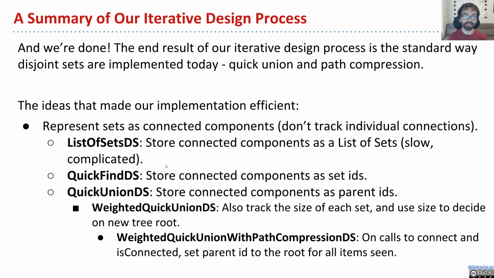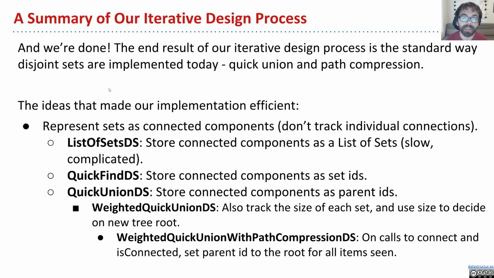So, to summarize our iterative design process we had today. We are now done. The end result of this design process is the way that disjoint sets are implemented in real-world libraries. We use quick union and path compression. Often weighted, but you actually don't need weighted for good performance as long as you have path compression.